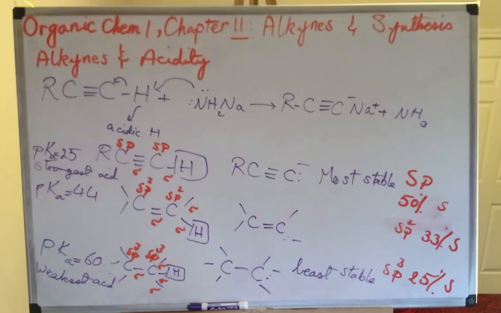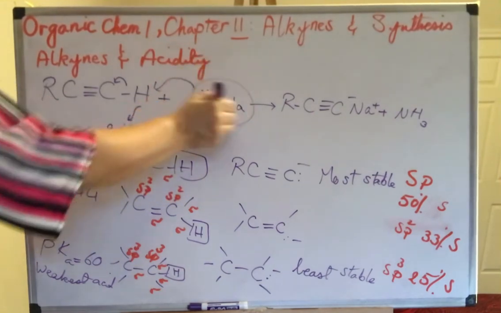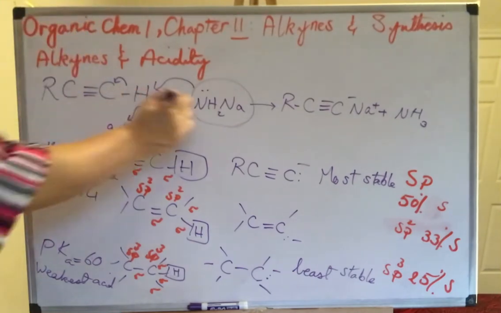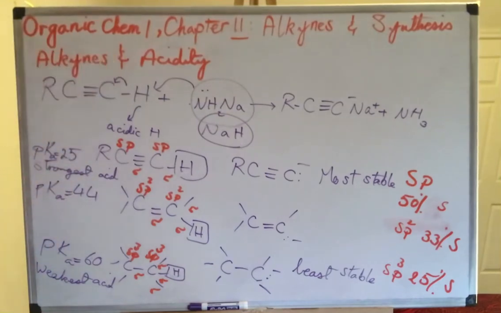And we know that we need a strong base to pick this hydrogen, something like NaNH2 or also NaH. These two are good bases to grab this hydrogen. So basically what we need is a base with a pKa greater than 25.